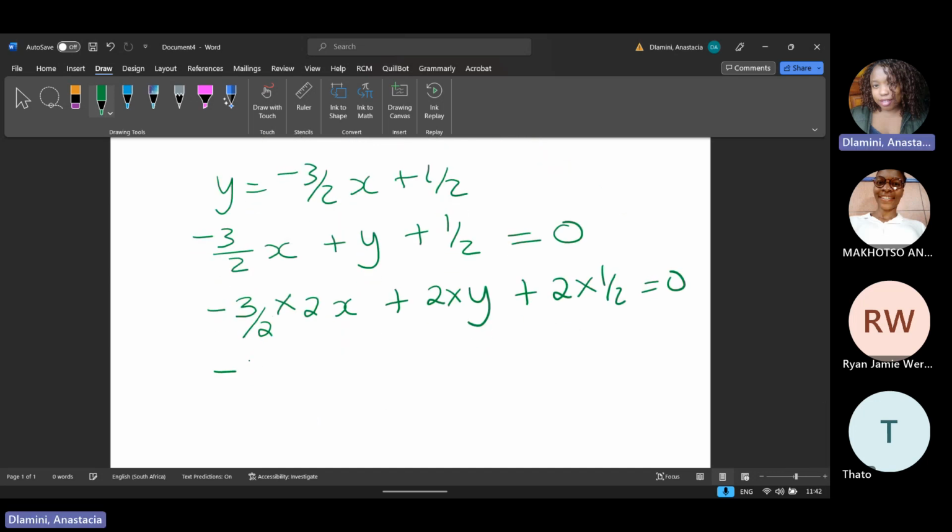So then we have minus 3x plus 2y plus, okay, something is wrong here. I took this -3 to that side, so it becomes positive. I took this half to that side, so it becomes negative.